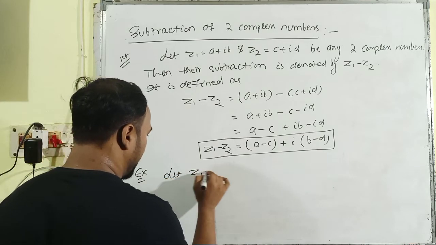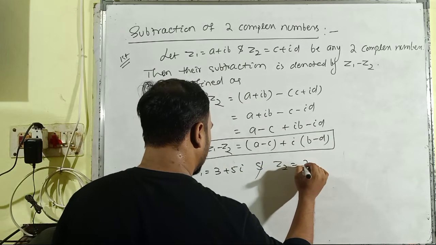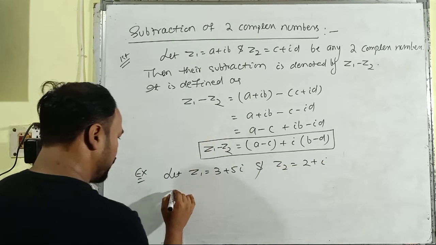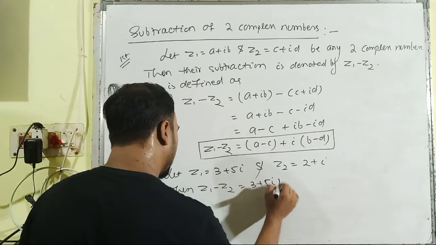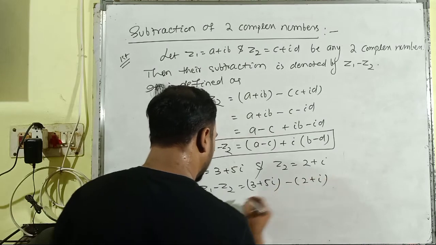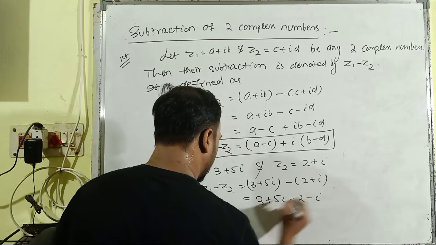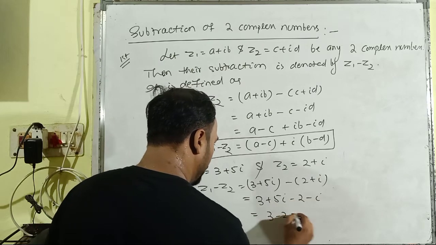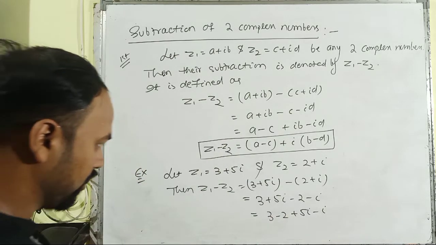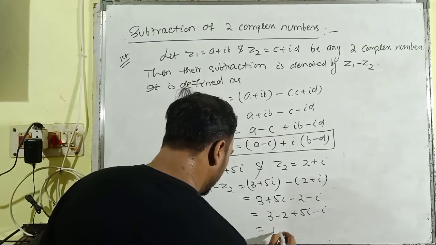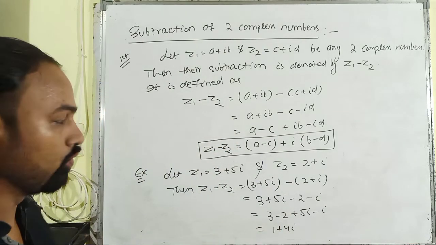Let z1 is equal to 3 plus 5i and z2 is equal to 2 plus i. Then z1 minus z2 will be 3 plus 5i minus 2 plus i, and it will be 3 plus 5i minus 2 minus i, and just combining the respective real parts and also the imaginary parts, we can have 1 plus 4i, and here it is the z1 minus z2.